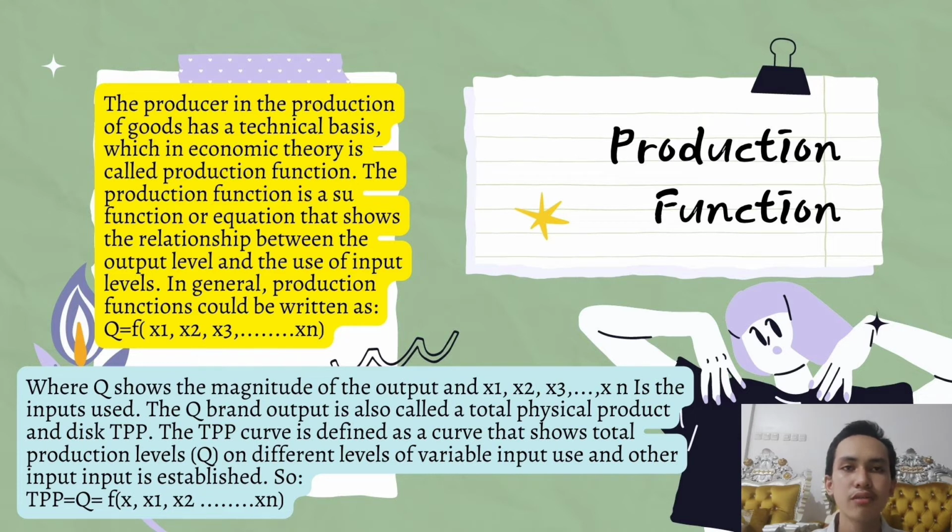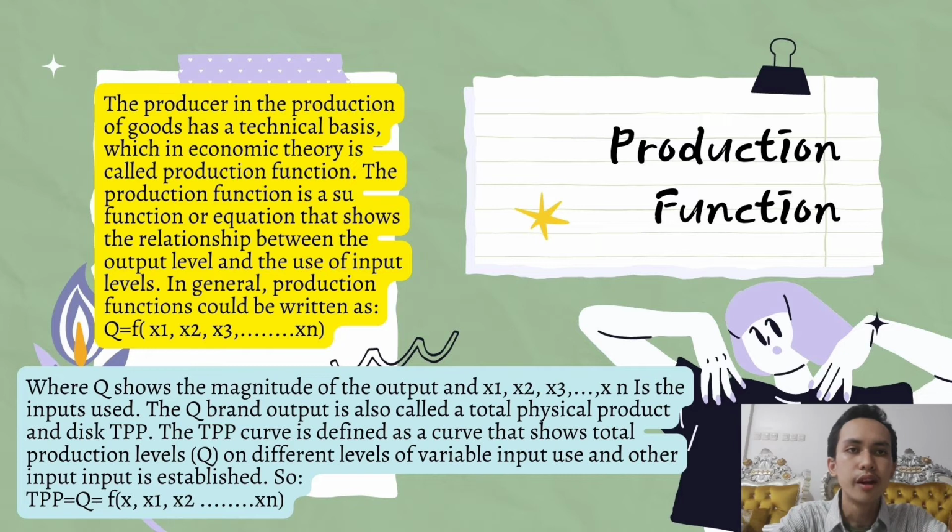In general, the production function can be written as Q equals F(x1, x2, x3, ..., xn), where Q shows the magnitude of the output and x1, x2, x3, ..., xn are the inputs used.